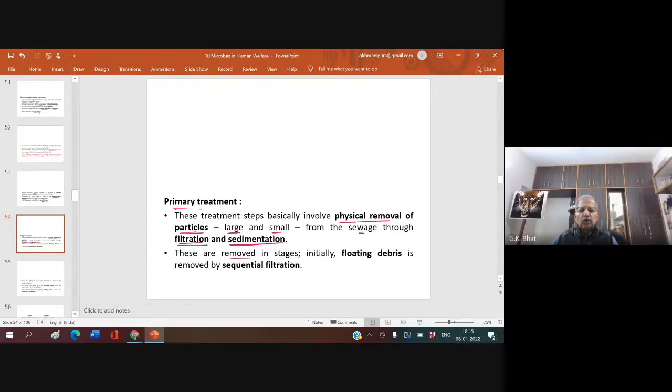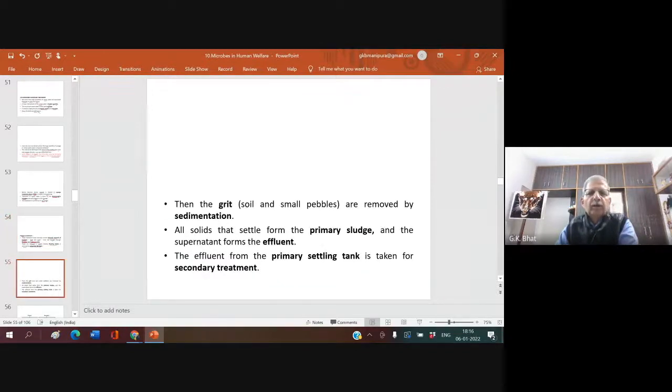These are removed in 2 stages. Initially, floating debris is removed by sequential filtration, one after another, making it undergo filtration several times. So by this sequential filtration, floating debris is removed.